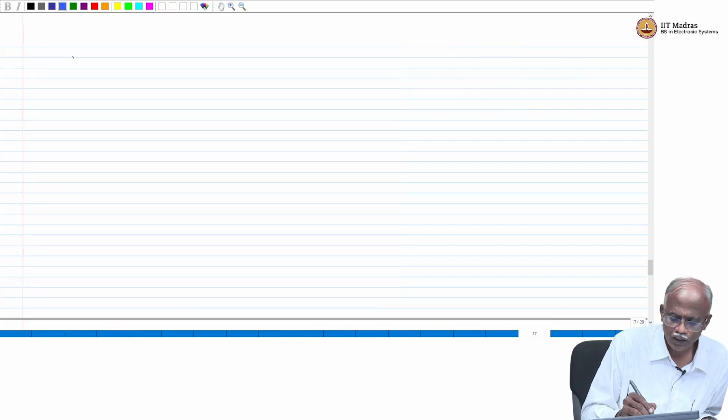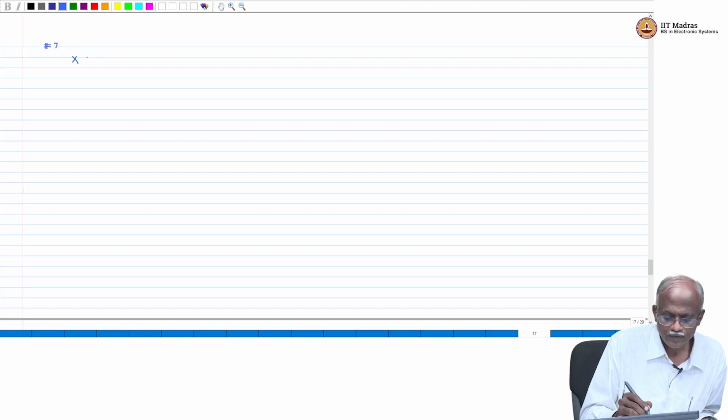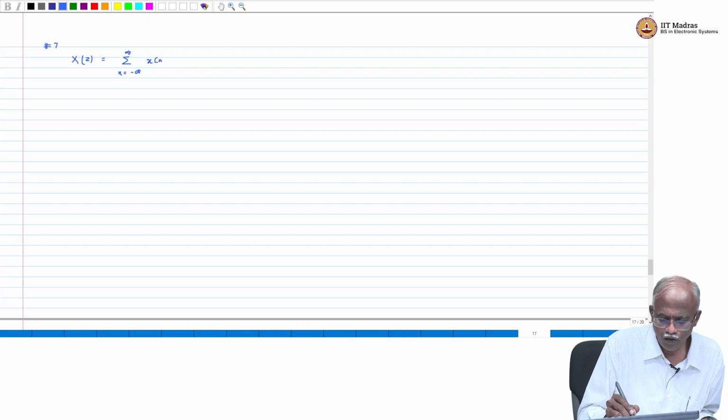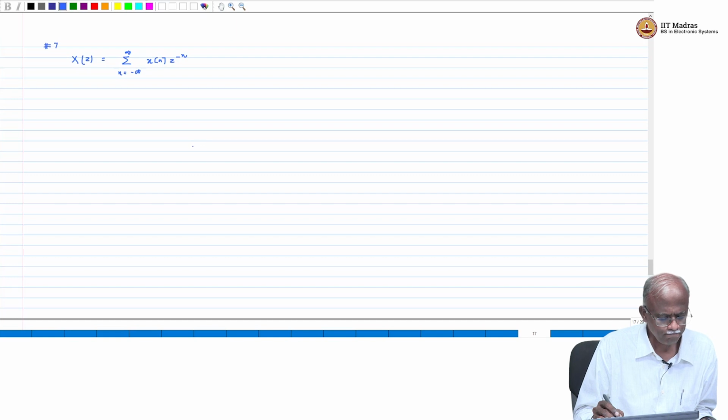Transform pair number 7: X of z is equal to summation n equal to minus infinity to infinity of x of n z power minus n.